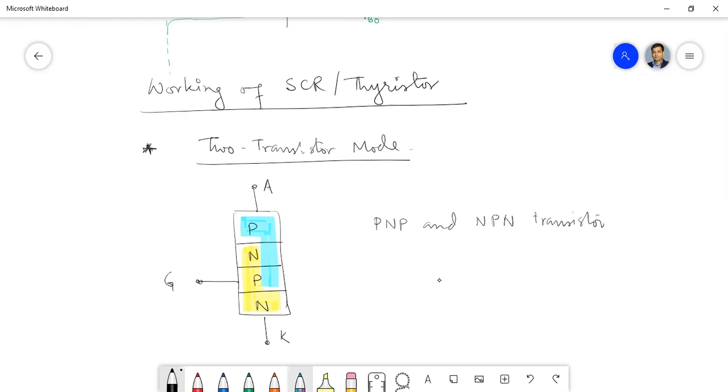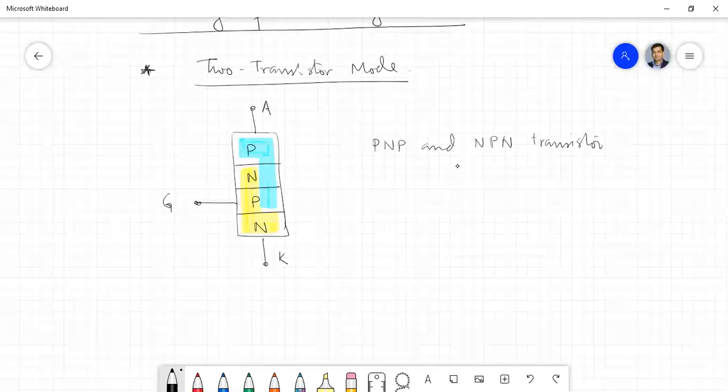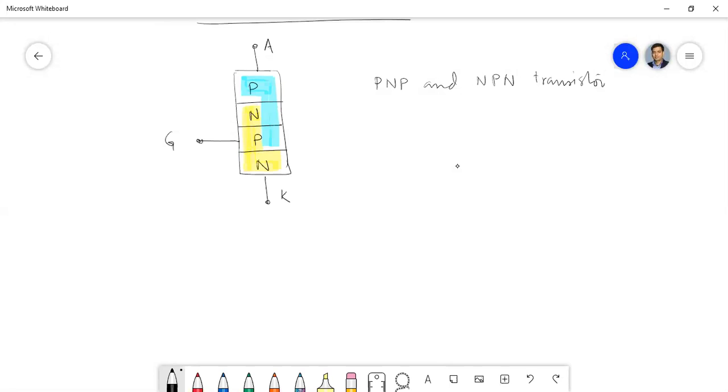Now if I draw these transistors by their symbols and their terminals, how will it look?